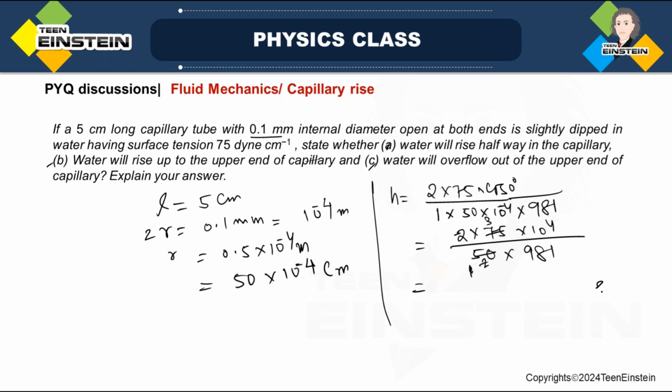Then 981 divided by 3 is 327. Now divide this.